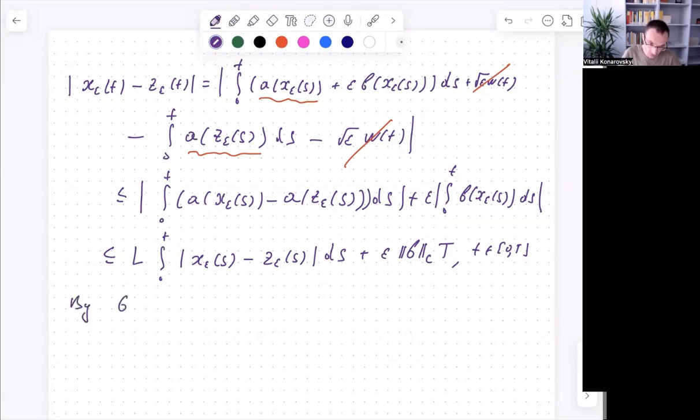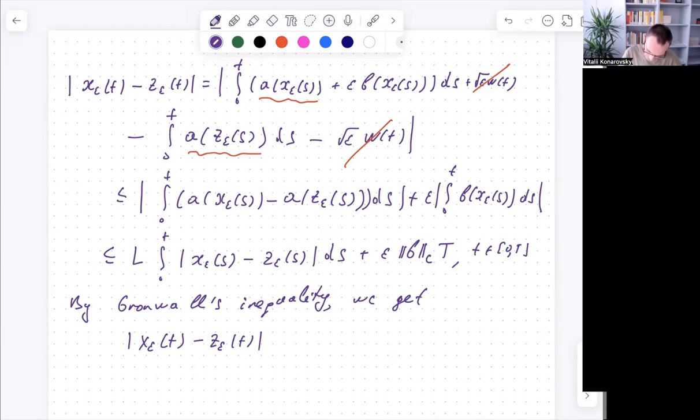by Gronwall inequality, we get that the absolute value of x epsilon of t minus z epsilon of t is less or equal than this constant which we obtained here.